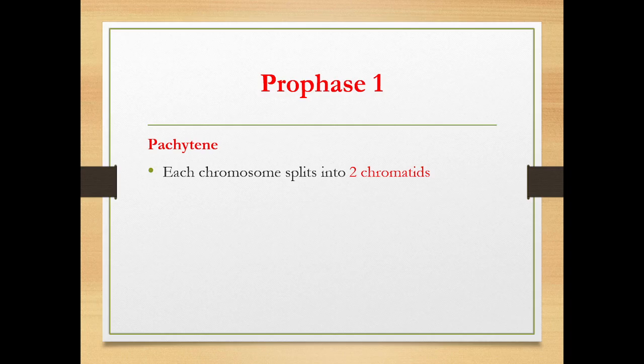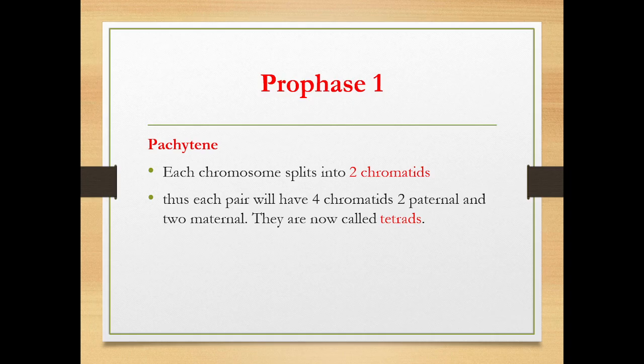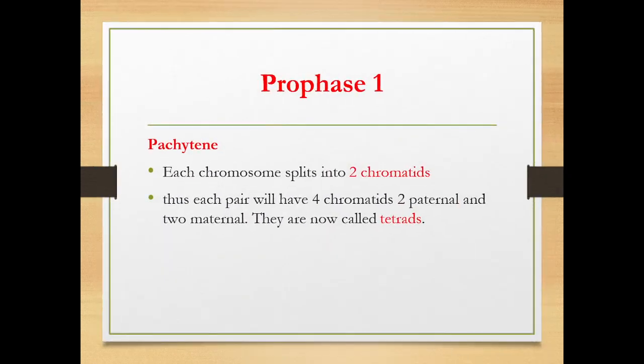So the homologous chromosomes which we experience at zygotene will split into 2 chromatids, and due to this splitting, it will lead to the formation of what we are calling a tetrad. So a tetrad has 4 chromatids, of which 2 are from the male and 2 are from the female. Paternal means male and maternal means female. So these 4 chromatids form a structure which is known as the tetrad. Such will be experienced at the pachytene level.